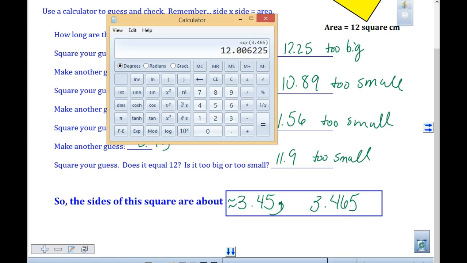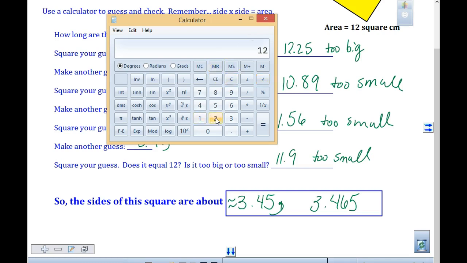I want you on your calculator right now. A lot of times you have a square button. Some of your calculators are going to have the square root button. Mine is separate. A lot of your calculators have, right above the x squared, that little light blue square root. You have to hit your second function to get to that. So at the top, we are going to put in 12.